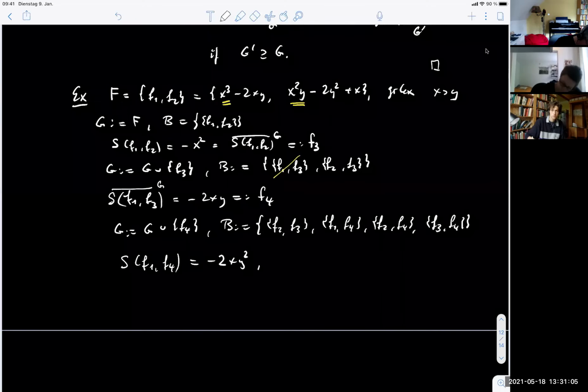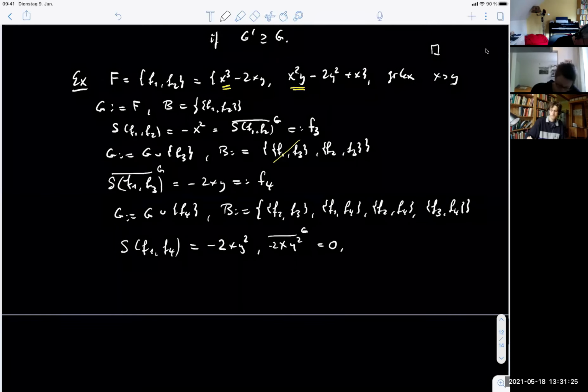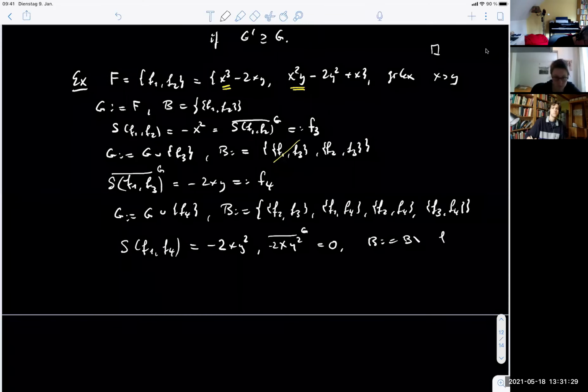And if I reduce this, now this is easy. You see, because I have here the leading term is x squared y, so this reduces to 0. So this is good. The f1, f4 is good. I can remove it. I remove the pair f1, f4 from B.